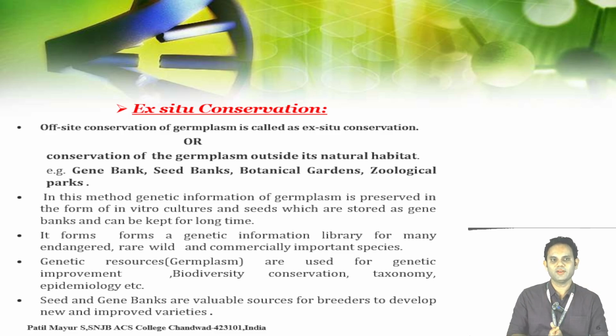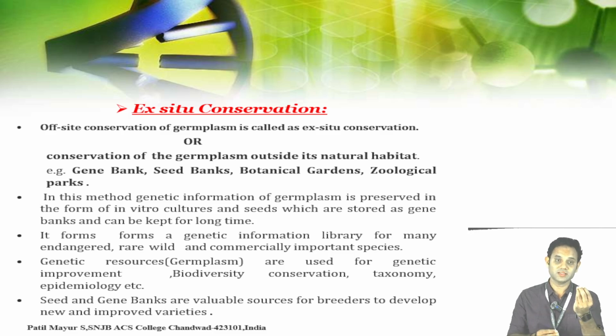So what is the benefit of it? It forms the genetic information library for many endangered, rare, wild and commercially important species. Such genetic resources or germplasm are used for genetic improvement, biodiversity conservation, taxonomy and epidemiology.